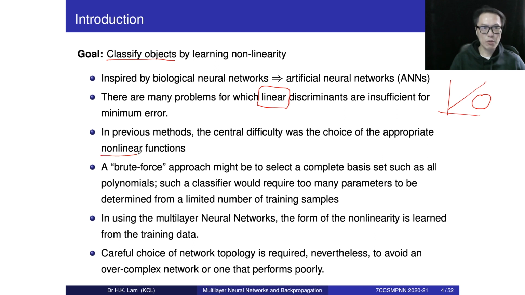But the thing is that we do not have a very systematic approach to determine the nonlinear function, what nonlinear function, as well as its parameters. Of course, if you really want to find these nonlinear function parameters, brute force can be used. That means by exhaustive search, we try all the combinations of these parameters. For example, we have a function z, which is the boundary, and it depends on parameter 1 up to parameter 1000.